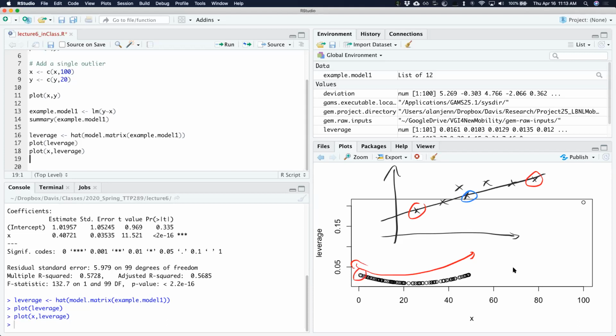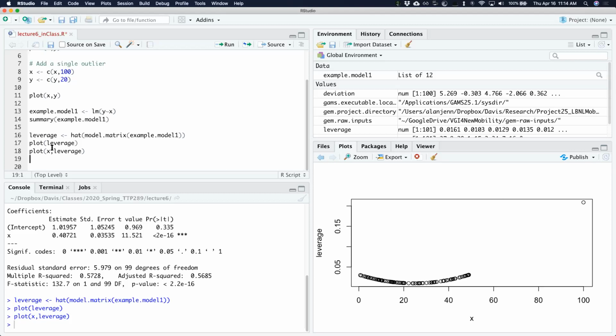The ones at the ends have more leverage than the ones in the middle. So that'll be one thing to keep in mind as you look at leverages, is that there is some sort of bias towards points at the end.